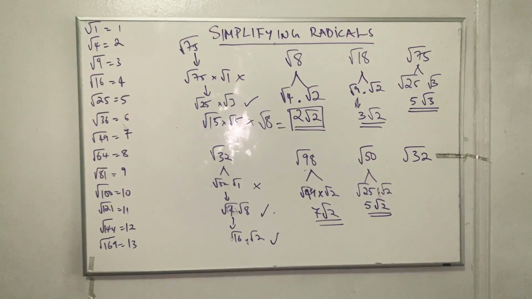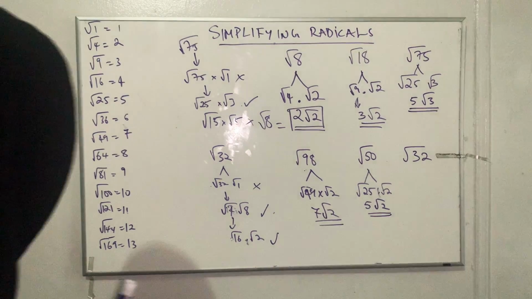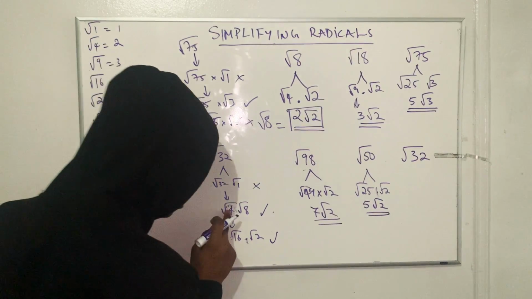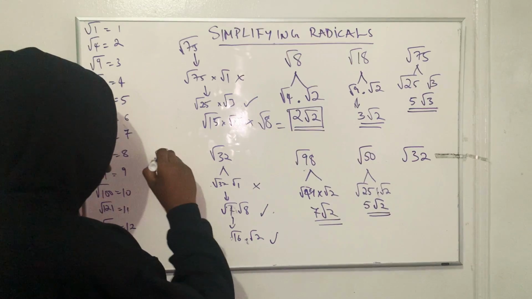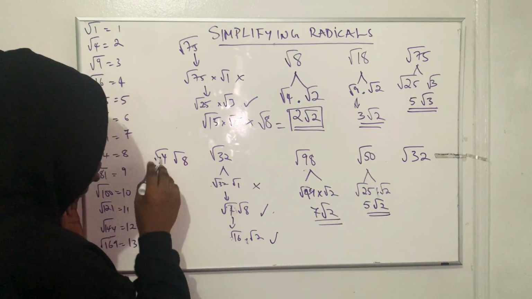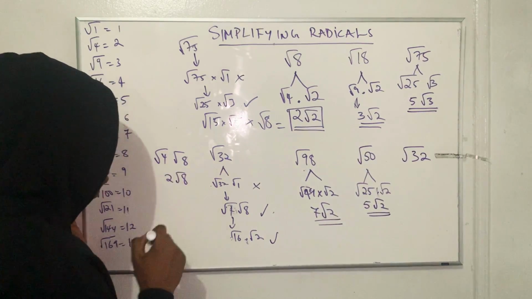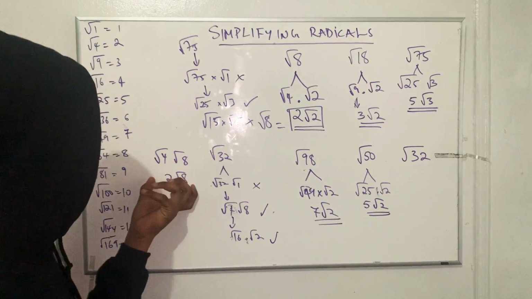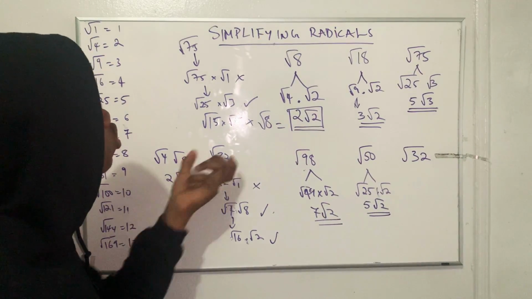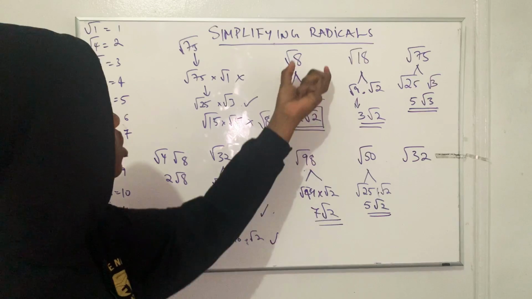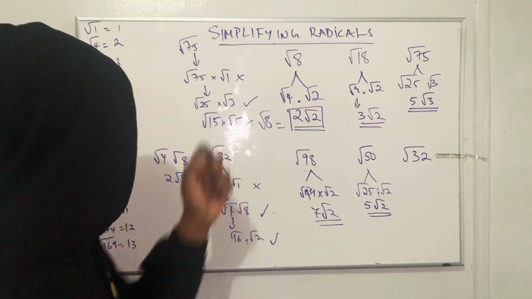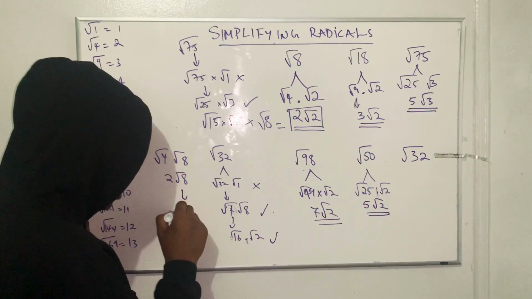But there is something happening here. If you pick 4 and 8, the square root of 4 is 2, so now you get 2 root 8. That means you need to simplify 8 again, because 8 also has a square root. So you need to break it down as root 4 times root 2.